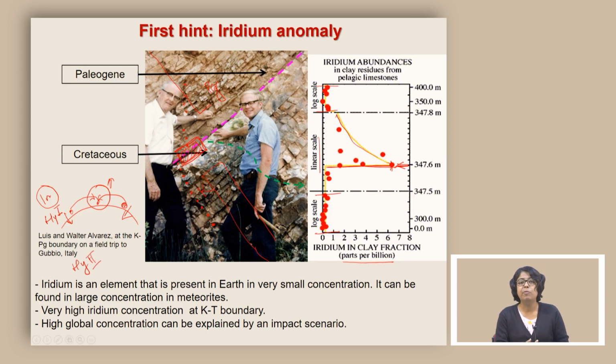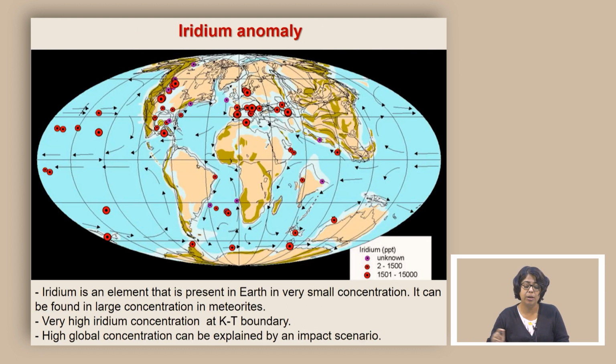So, their next step was to measure iridium from all over the world corresponding to this KPG boundary. When that was done, it was found that the global concentration was actually very high right at this boundary. It does not matter from where things were collected.